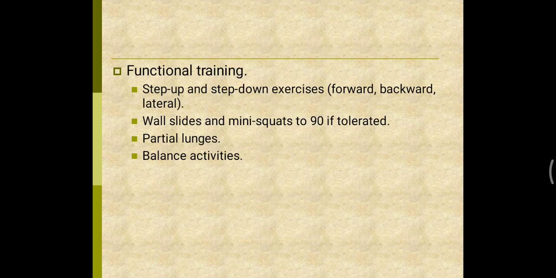Another functional training can be provided by step up and step down activities. As the patient gets control in knee extension, we can start these activities. Forward, backward and lateral step up and step down exercises can be initiated. Wall slides and mini squats to 90 degrees if tolerated, that is partial squats with the support of a wall.